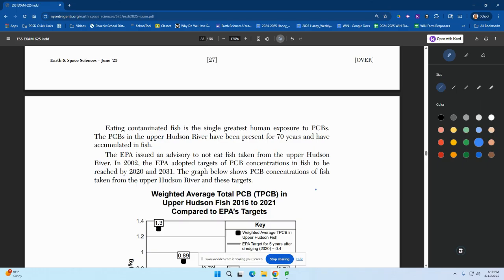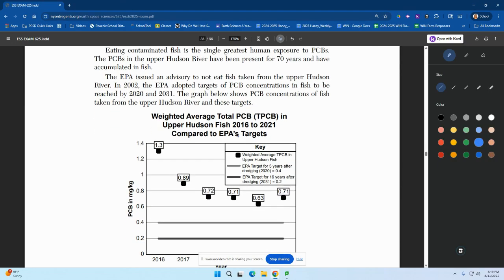And they have taken some steps to monitor and see how those levels are changing in fish over time. So it says weighted average total in upper Hudson fish 2016 to 2021 compared to EPA's target. So they have two things on here. They're showing us the weighted average and the targets that were set. Okay, so in a graph, especially when I see multiple things going on, I'm going to look at my key here.